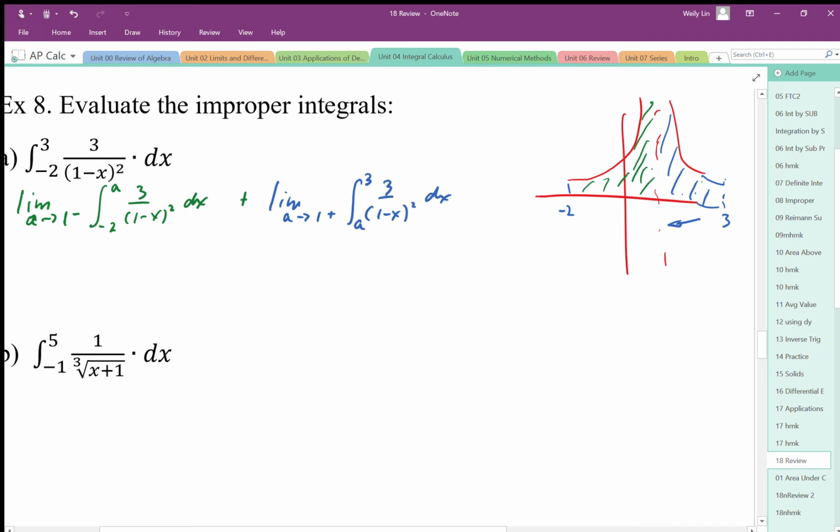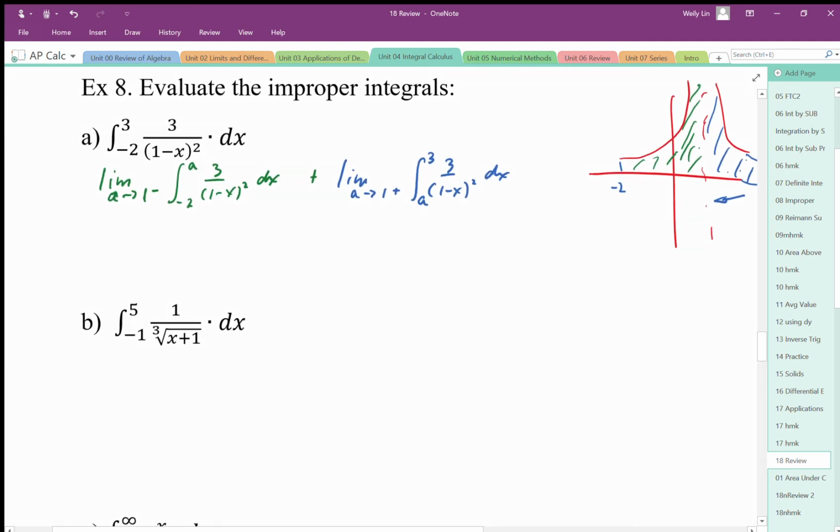Okay, so the limits are formalities, but it's important to split this up because this is a very important issue. If you don't split it up, you end up with all sorts of weird results. Integrating this is going to end up being the limit as a goes to 1 from the negative side of -3 over 1 minus x times -1.